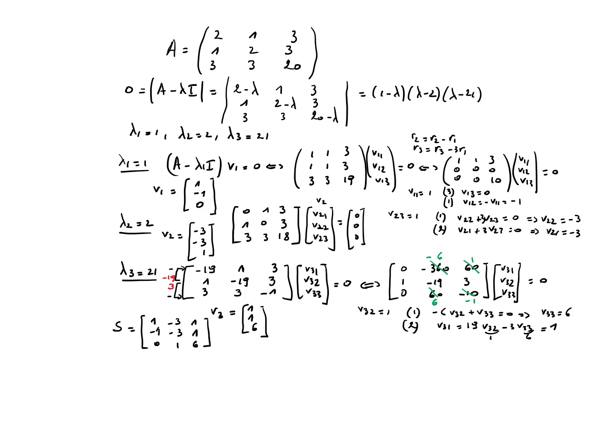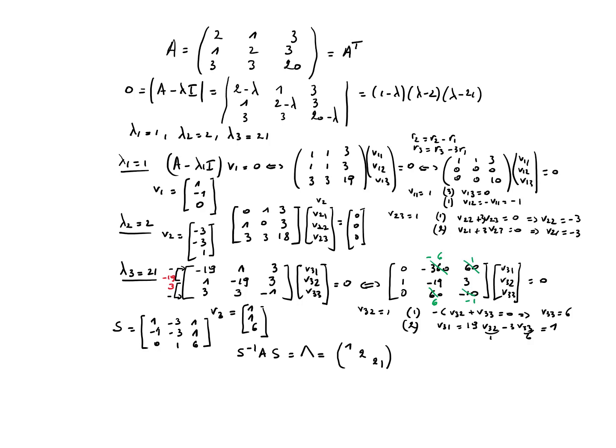Okay, and this allows us to write, well, S minus 1 A S is equal to lambda, and lambda will be, well, a diagonal matrix with the eigenvalues on the diagonal in the same order as the eigenvectors. So we will see later that in case a matrix is symmetric, and here it's indeed the case, you see that A is equal to A transpose.